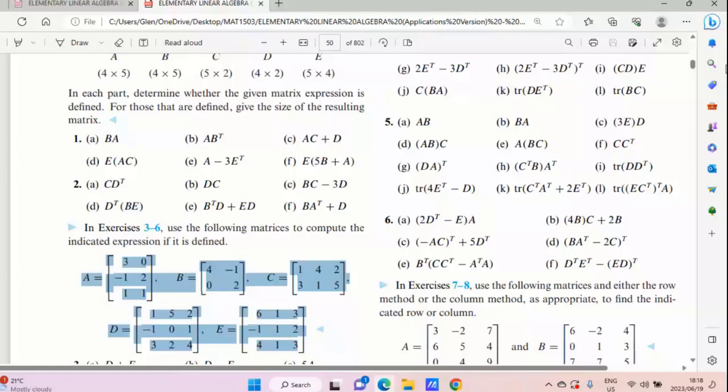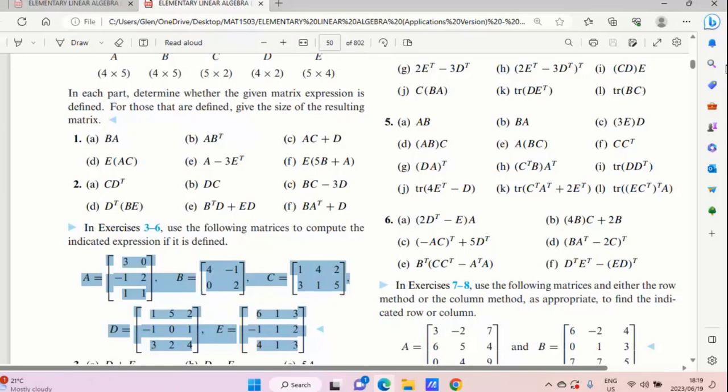Now we are at a stage where we can take the difference of 2D transpose minus E. So we now find 2D transpose minus E. In the first row, the first entry will be 2 minus 6. This will give us minus 4.